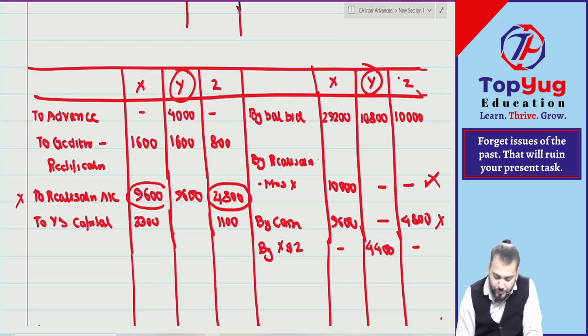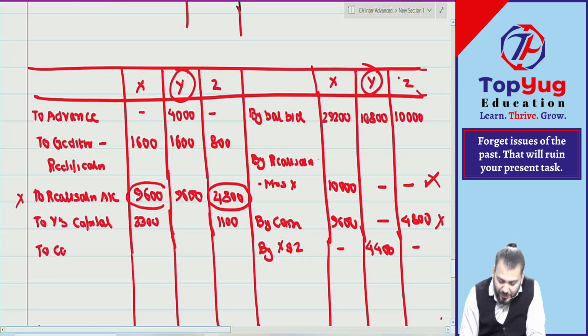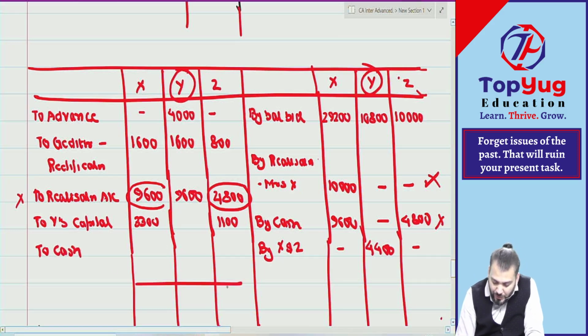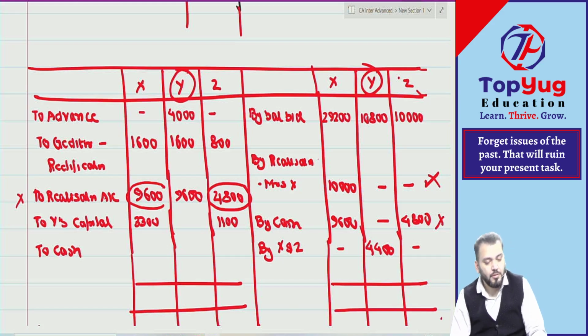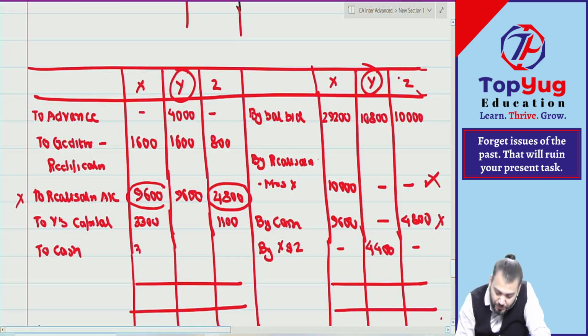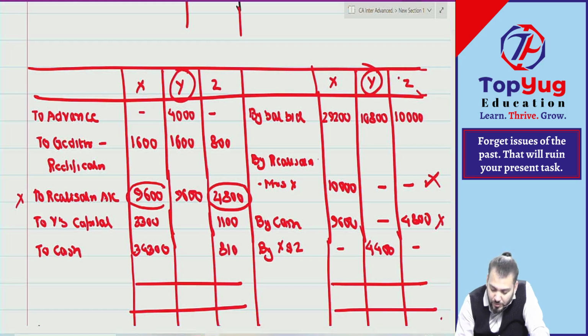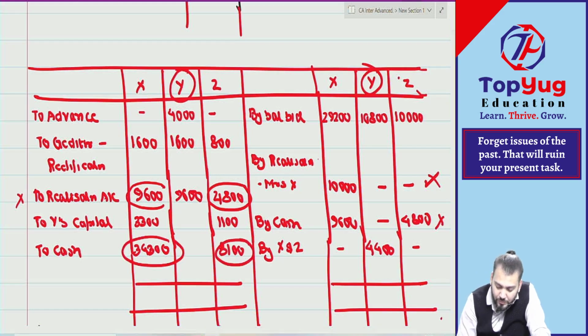This account is closed. Now the balance will be paid in what? Cash. Can you give me the closing balance? How much? 34,300 and 8,100. Done.